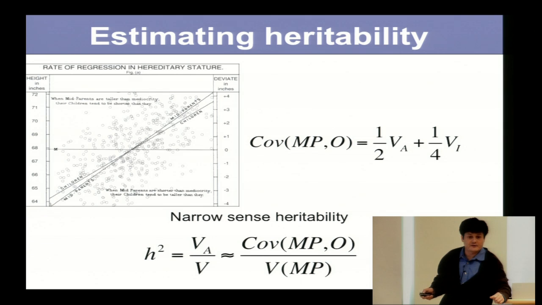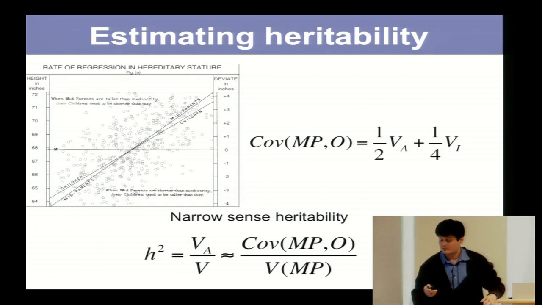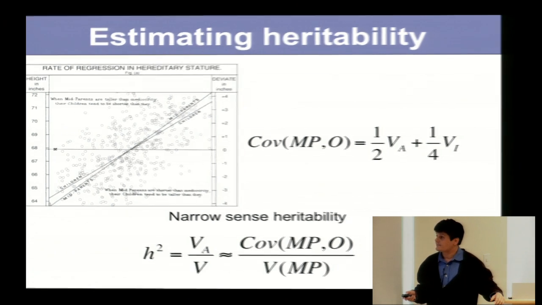Now, for mathematically inclined people, the variance of mid-parent phenotype is half of total variance, so this coefficient goes away. Okay, so this is the way we usually think about heritability. We take relatives and pedigrees, we measure covariance between them, and we compute how much of total variation is due to genetics.